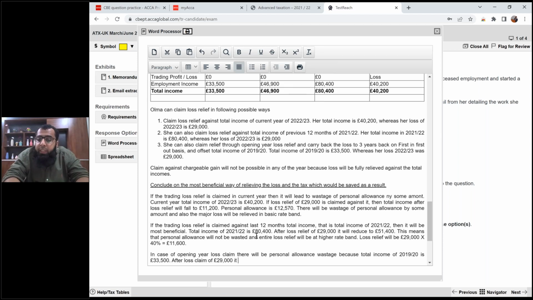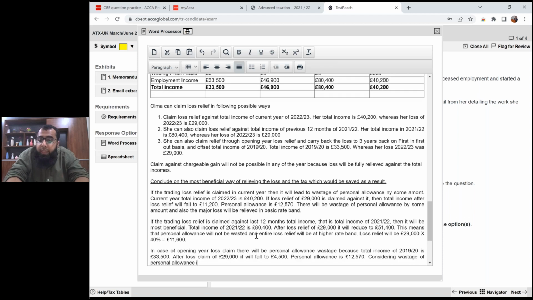After loss claim of 29,000, it will fall to how much? 4,500. Personal allowance is 12,570. Okay. Considering wastage of personal allowance, it is not the best option.